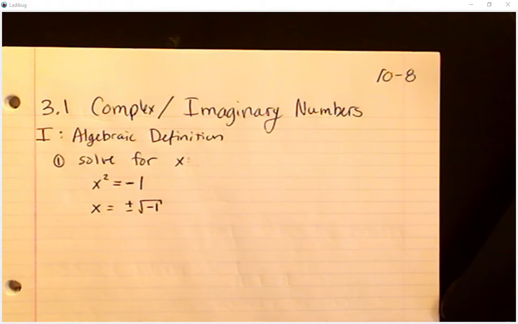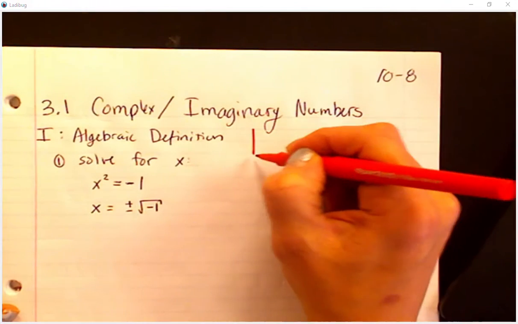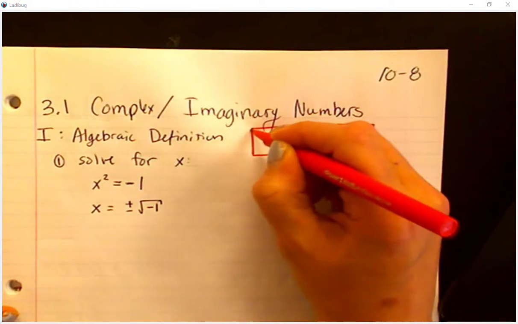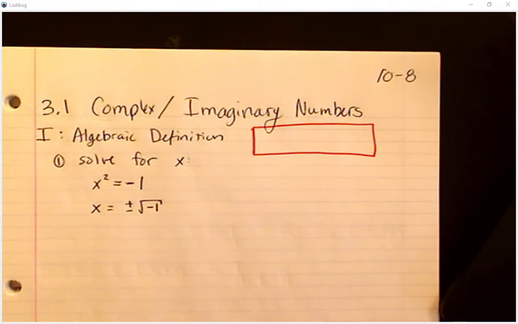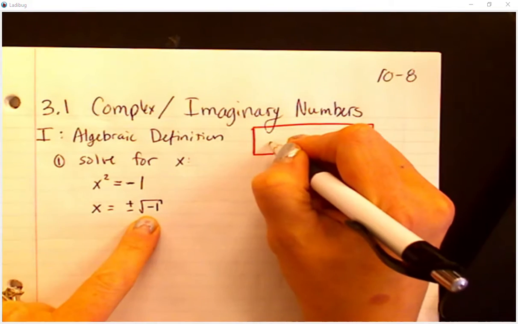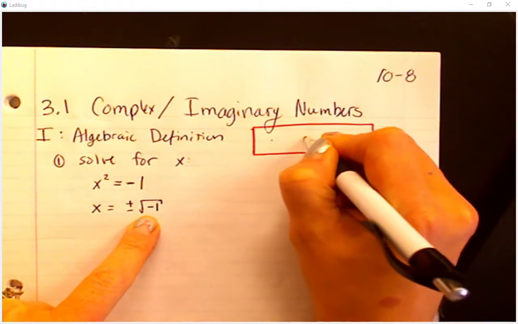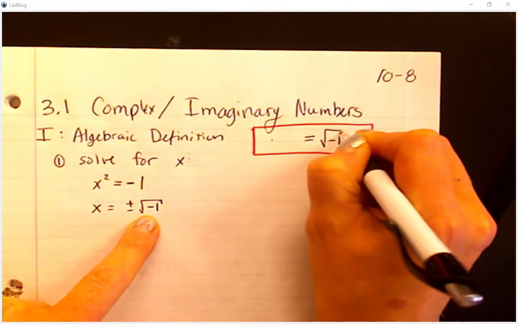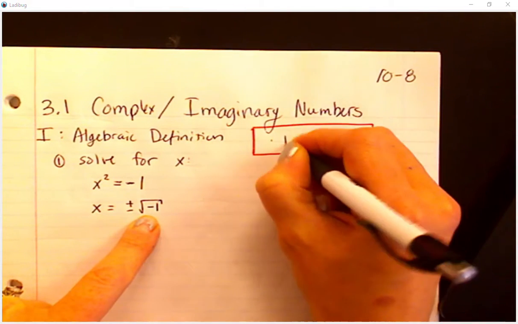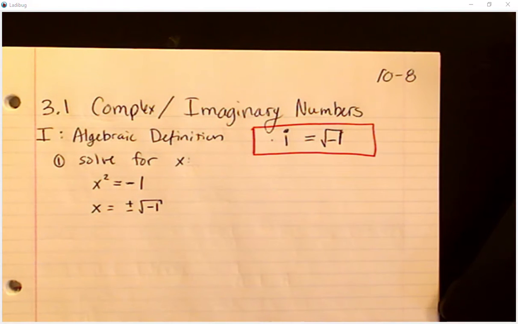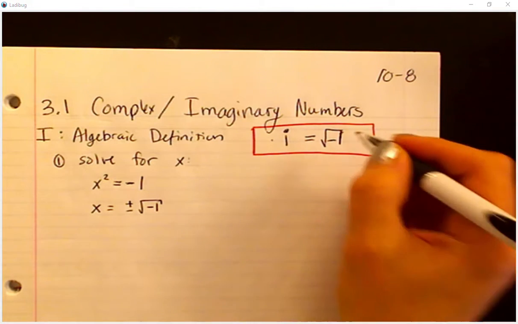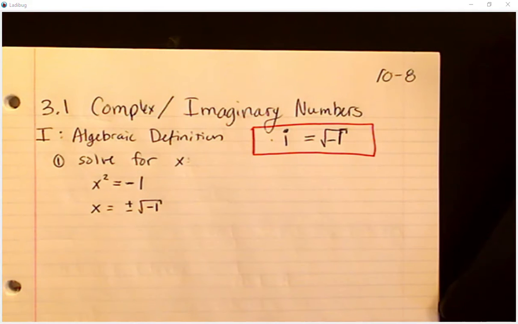It's not really possible. This is your algebraic definition of a new type of number. Okay? The square root of negative 1 is defined as i. Imaginary, which is not real. Okay, everything you've done so far has been a real number.